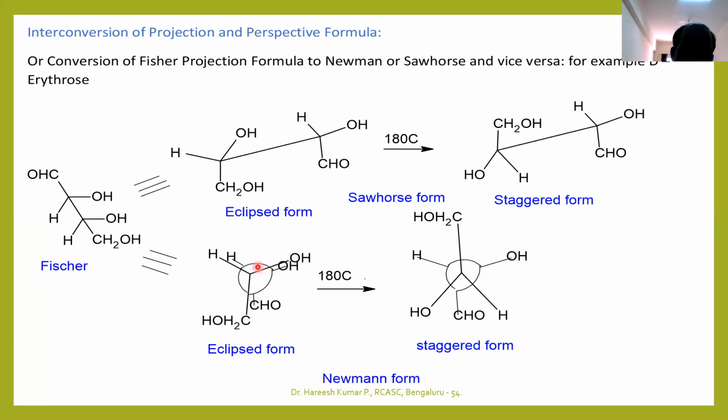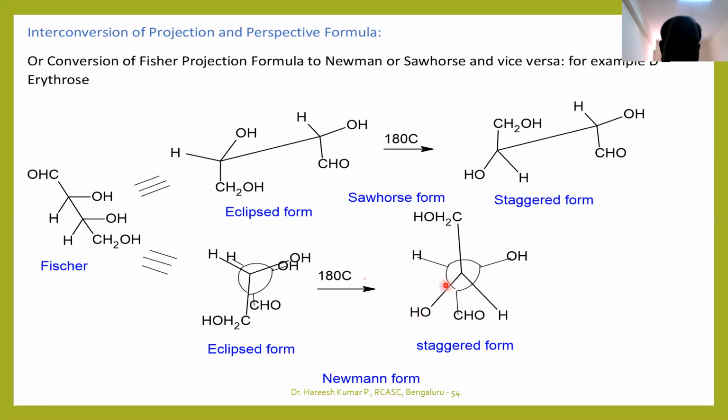So that means in a clockwise rotation, CH2OH goes and stands like this, then OH comes over and stands here, H comes over and stands here. That's what I have written here. So CH2OH is this, OH is this, H is this, and this will be the staggered form.